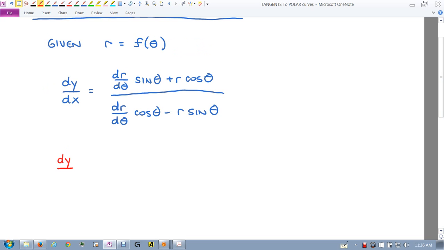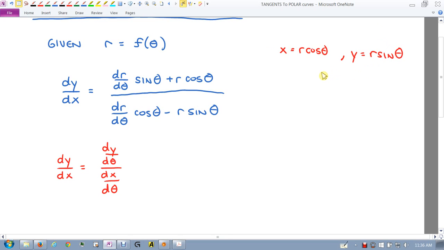dy/dx is equal to dy/d theta over dx/d theta. Do you agree that that's what dy/dx is? But remember that x is equal to r cosine theta and y is equal to r sine theta, isn't it?